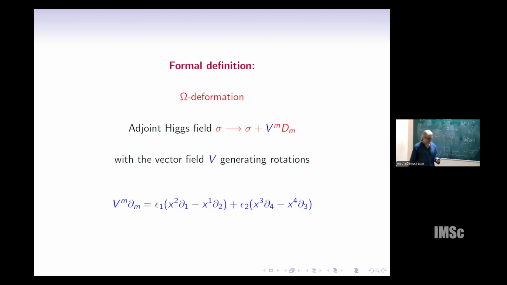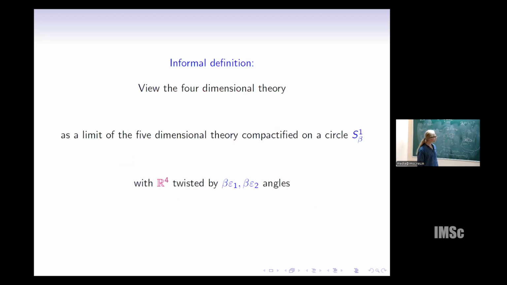There's some kind of weird deformation which uses rotational symmetry and therefore breaks translational symmetry. But it is possible to do, and it's less drastic than placing the theory on some curved four-manifold. And therefore it contains more information about the original theory.